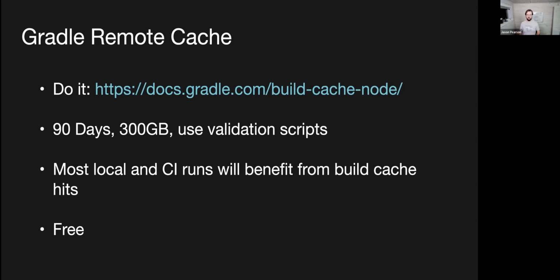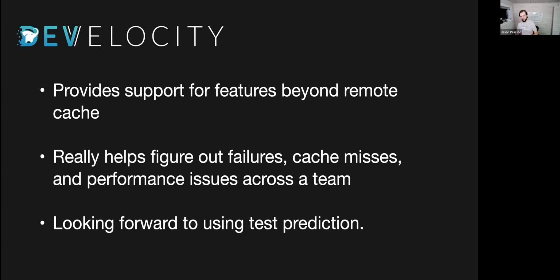Most local and CI runs will benefit from build cache hits. But if you have budget, and it is definitely worth it out of any investment that you could put into CI, going with Develocity, the new Gradle Enterprise branding, it provides support for features beyond the remote cache. Specifically, it helps figure out failures across teams, cache misses and performance issues, and really looking forward to using test prediction myself.